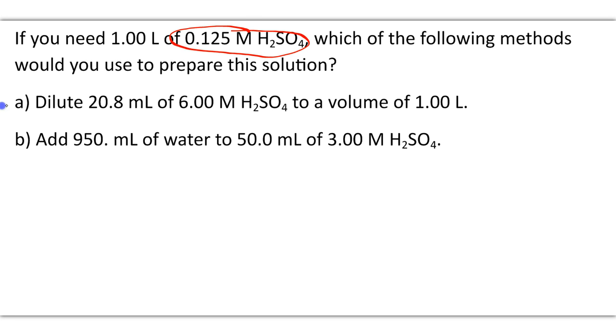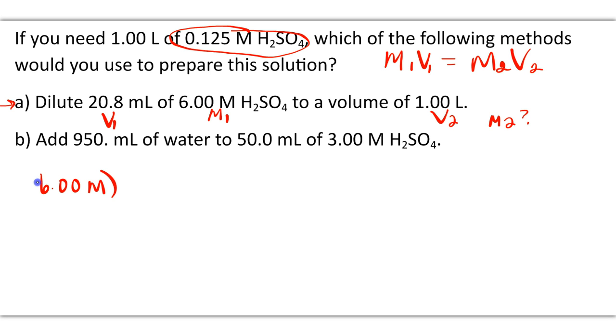So we'll start with letter A, where we use our M1V1 equals M2V2. So M1 is 6.00 molar sulfuric acid, and V1 is the 20.8 milliliters. We want to dilute it to a new volume of 1.00 liter, so what is going to be our new molarity?